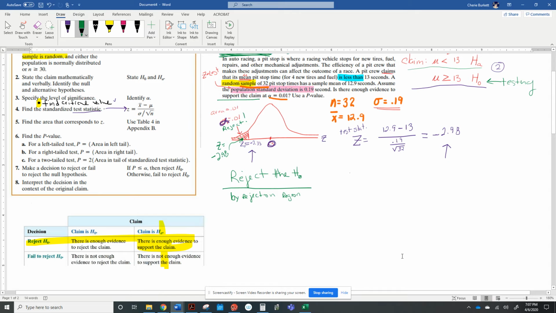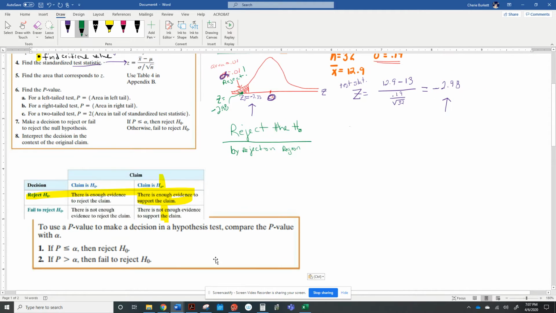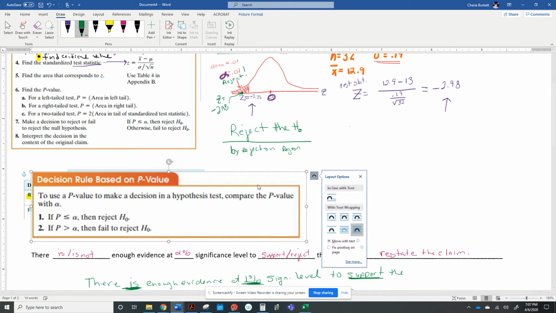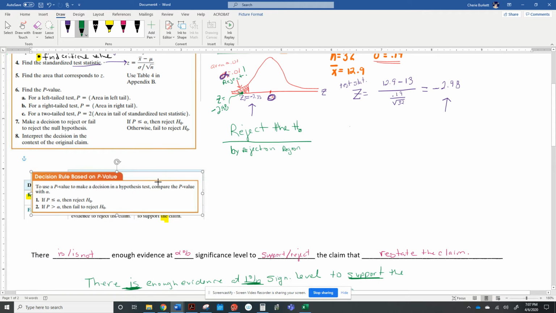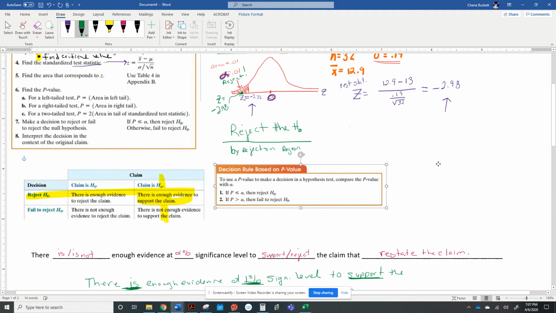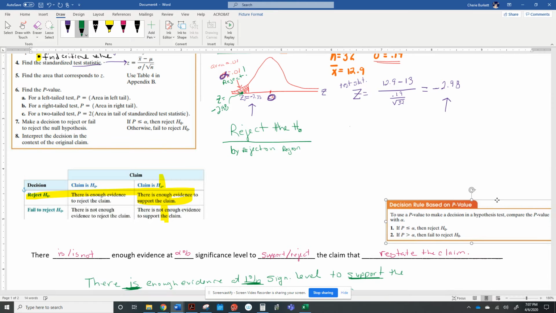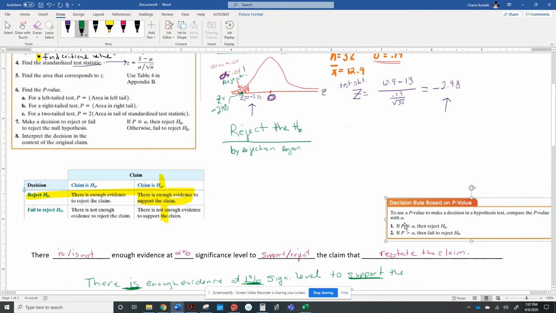So I'm going to paste this right here, and move it out of the way a little bit. Make it not quite so big. Move it over here. Okay, so in order for us to use this, we need to know a p-value.